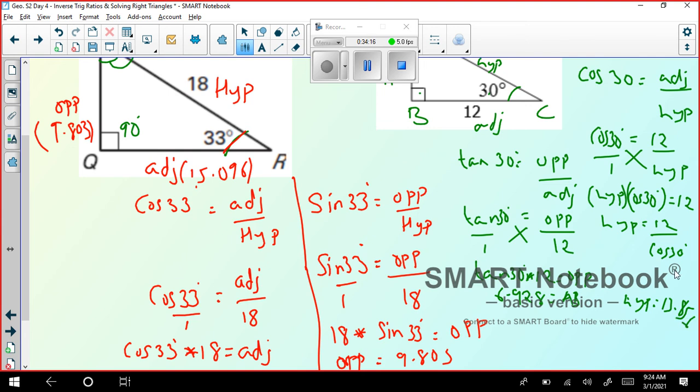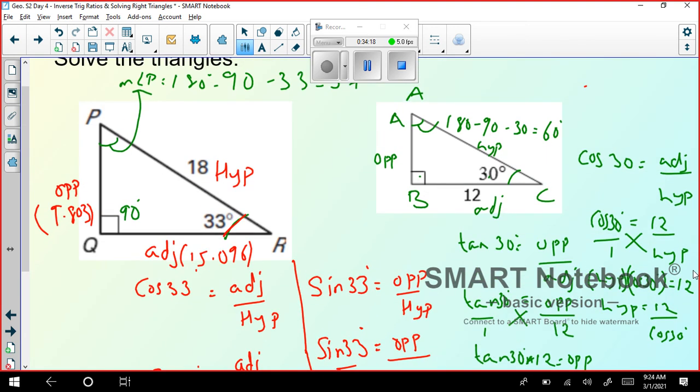Okay, I hope this is clear. So we found AC as 13.856. I'm rewriting here. The stylus is not cooperating to the fullest. Let me rewrite this. 13.856. Okay, I hope these kind of problems are clear. Let's see the next slide.